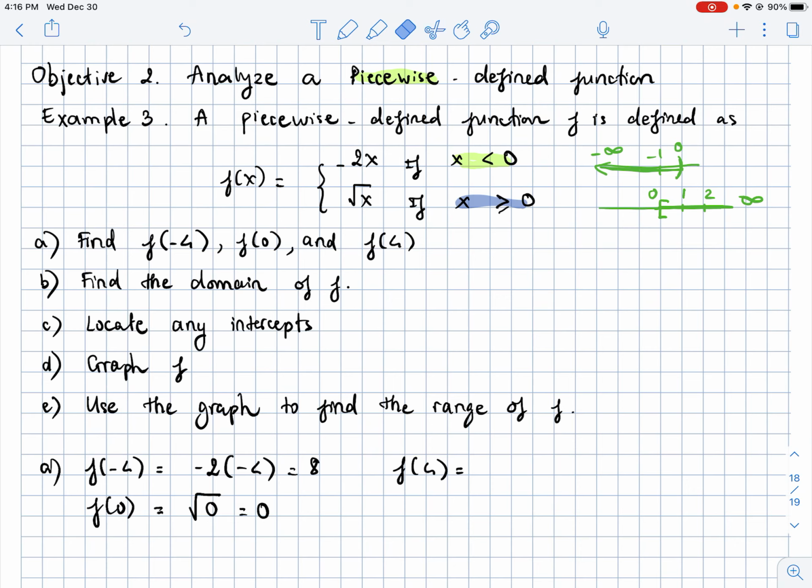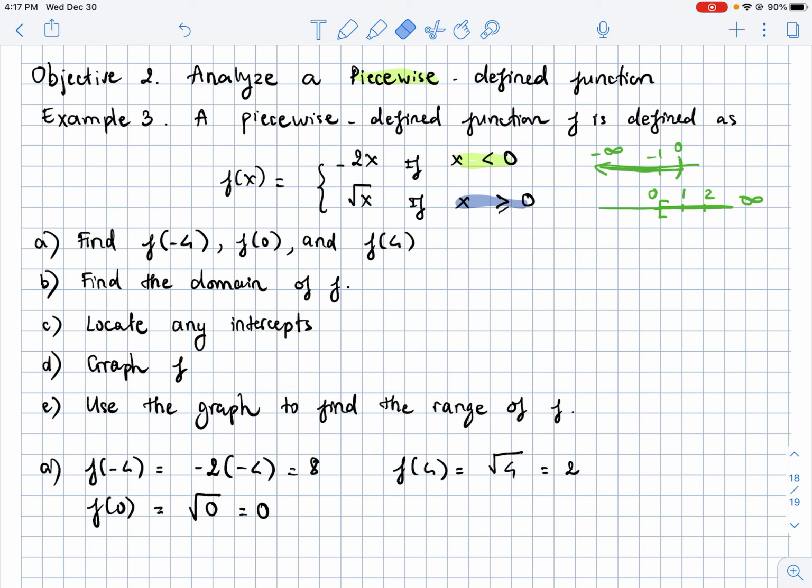And f of 4. 4 is also in the domain of the second piece, 4 is greater than 0, it is in the interval from 0 to infinity. That's why we plug 4 into the second piece. So square root of 4 is 2.